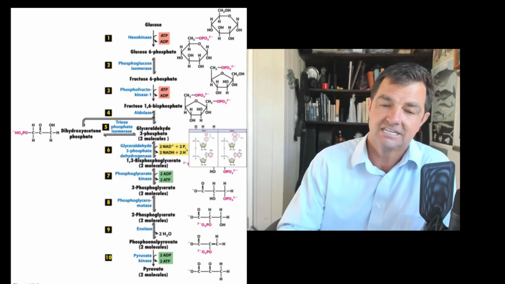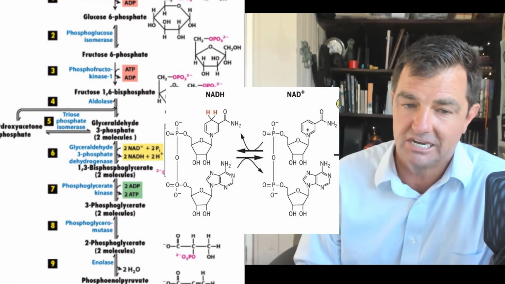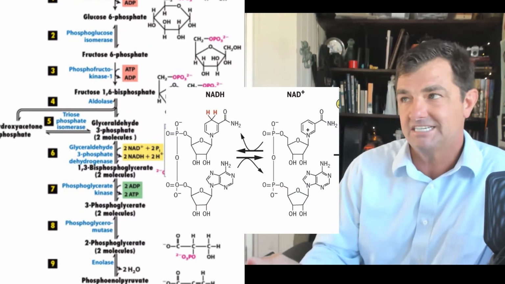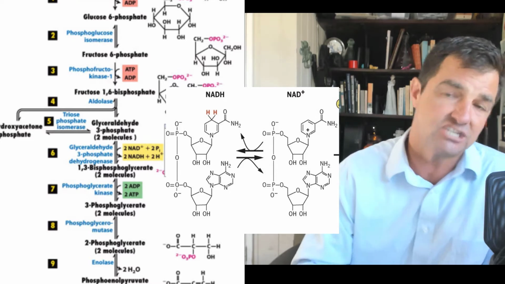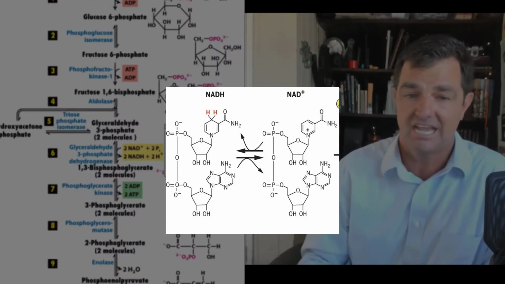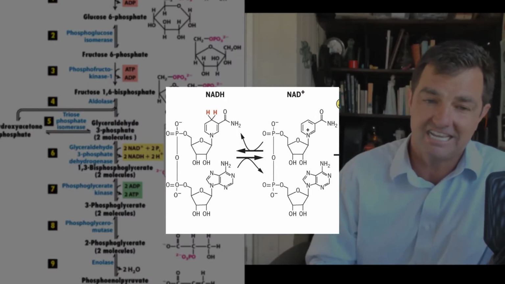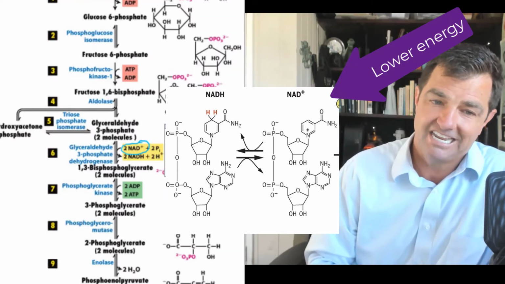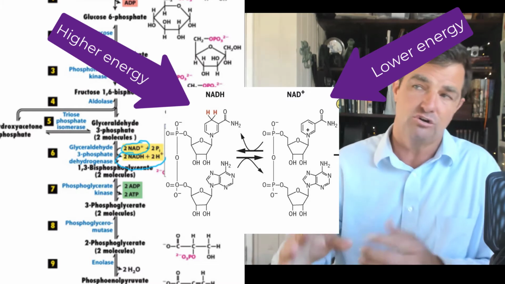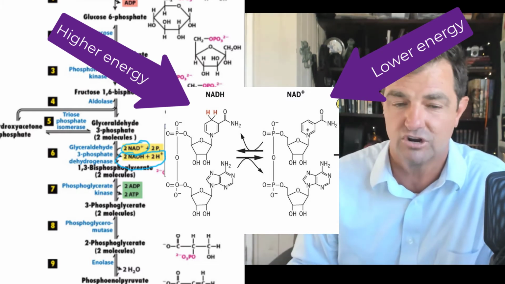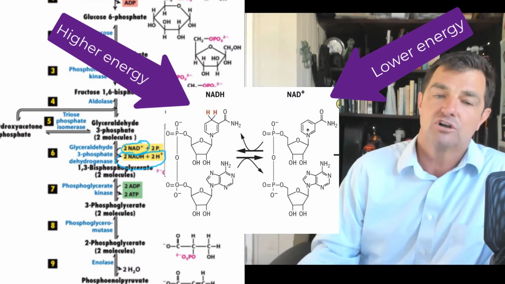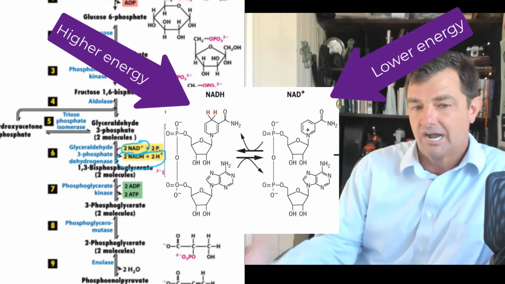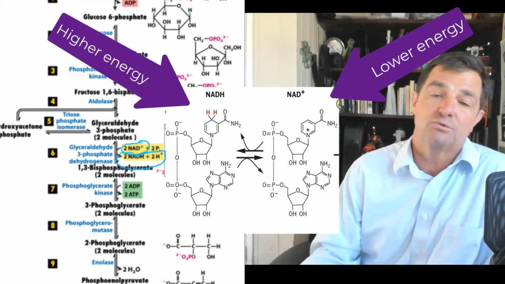Well, if we zoom in and look at that, what is NAD and what is NADH? If you look, it's kind of like ADP and ATP. NAD is an energy poor molecule, and NADH is that same molecule, and we've transferred the high energy electrons to it along with our hydrogen atoms that we attach to it.